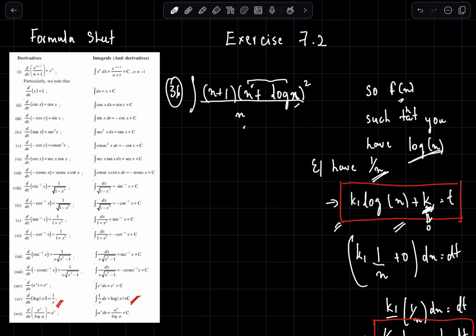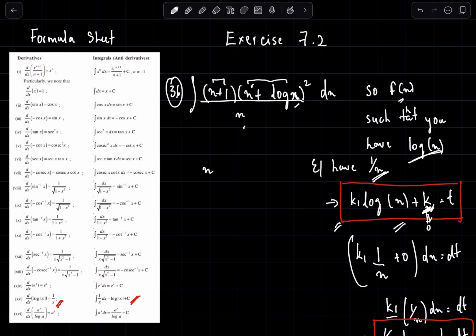The other thing I'm also thinking is, what if I substitute x plus 1 is equal to t, and I'll have to double differentiate. This would be t minus 1, and so x plus 1 is equal to t, but then this becomes t minus 1, so it just becomes bigger. So I don't think x plus 1, but I'm going to try this first, okay? It's most likely going to be this in my intuition.